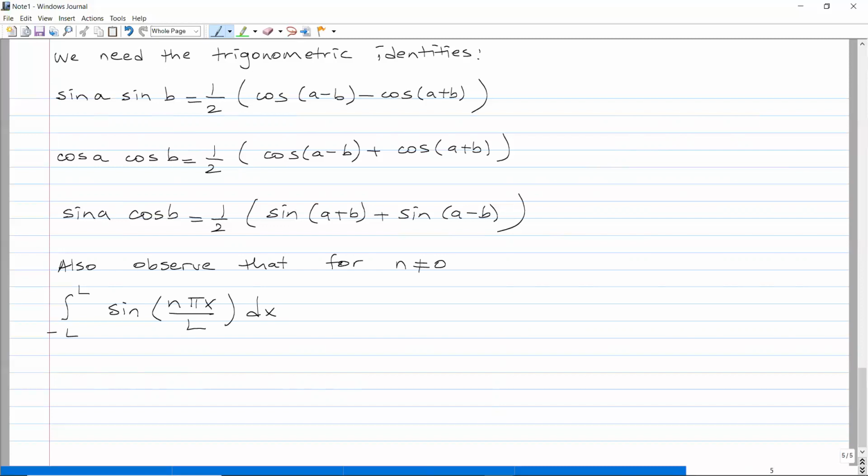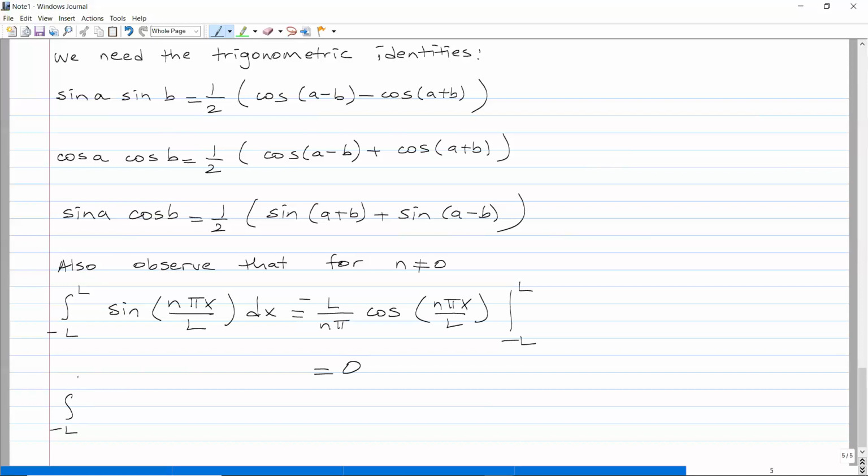Antiderivative of sine is a minus cosine, and we need to divide by n pi over L. So L over n pi minus cosine of n pi x over L from minus L to L. But you see, if you put x equals L or x equals minus L, cosine is going to give you the same thing. So the result is going to be 0.